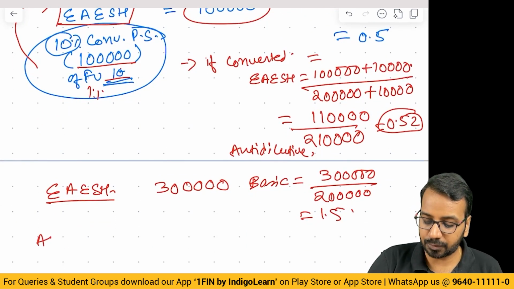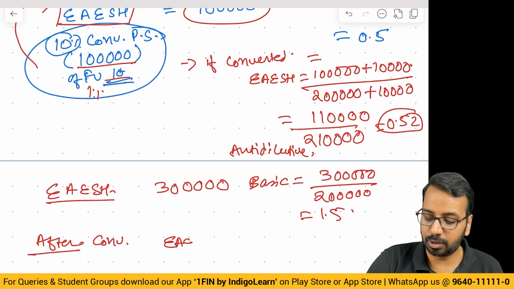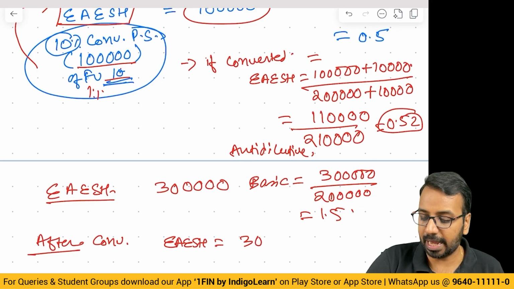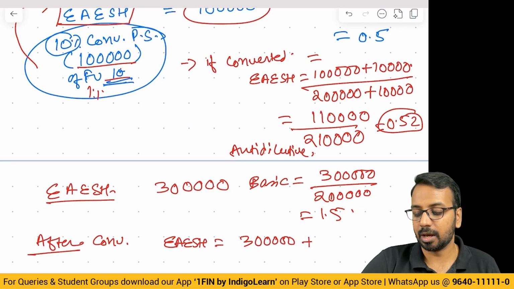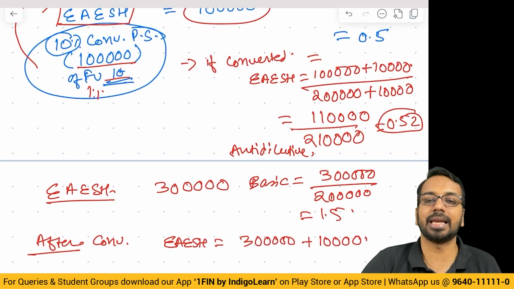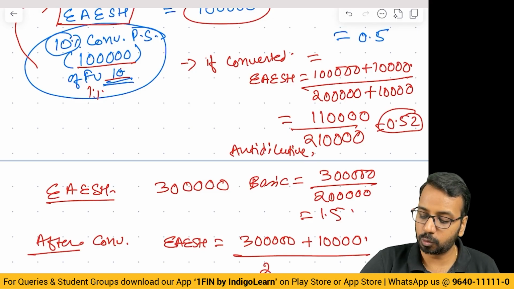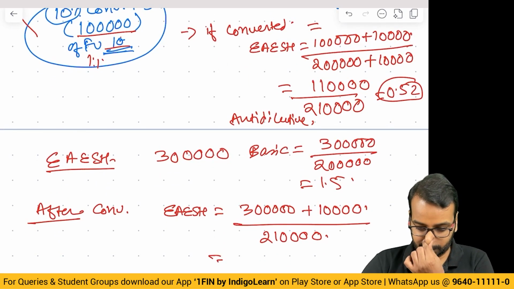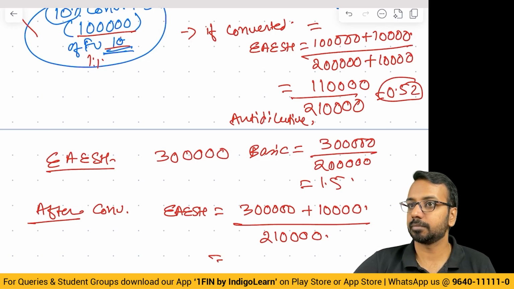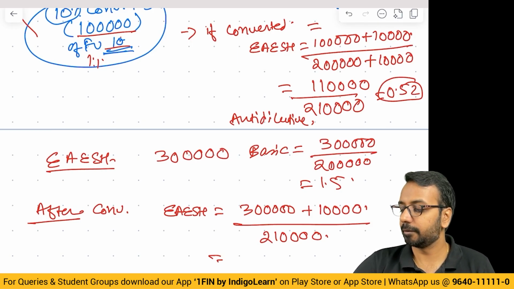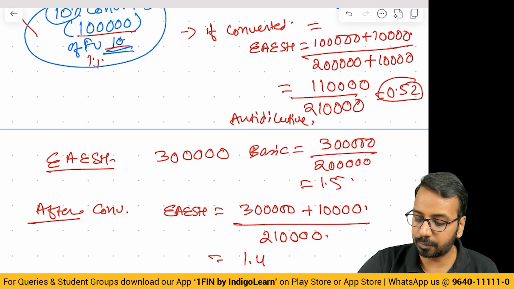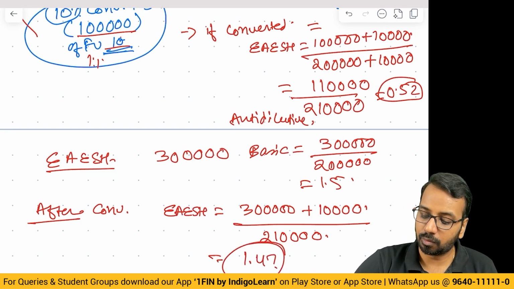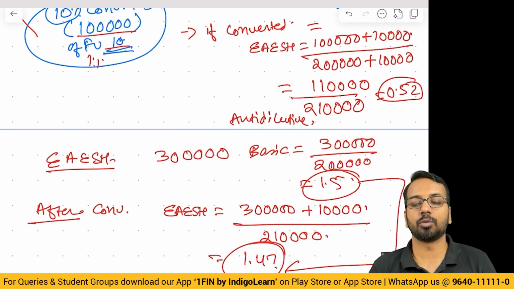Now, after conversion, earnings available to equity shareholders is equal to 3 lakhs, our basic earnings, plus 10,000 of dividend saved, divided by 2 lakhs 10,000. This is 310 divided by 210, it is 1.47. Now what happened? Earlier it was 1.5, now it has come down to 1.47.